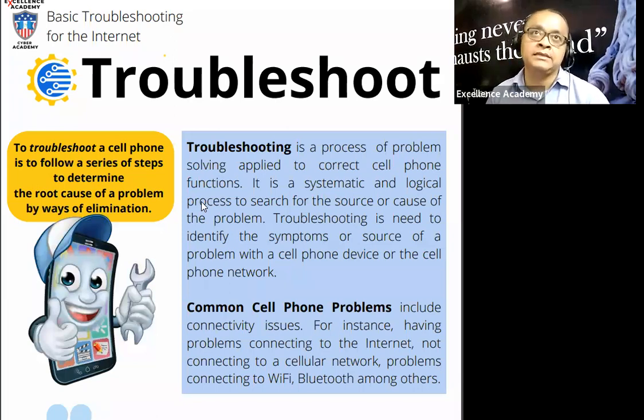In this sense, let's say that's not allowing the cell phone to connect to the internet or perform basic internet functions. So that is to troubleshoot. It's a series of steps that we follow to determine what is the root cause of the problem that is not allowing the phone to connect to the internet. So that's what we call troubleshooting for the internet.